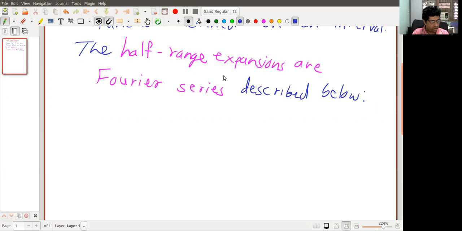we first extend it to even periodic function.